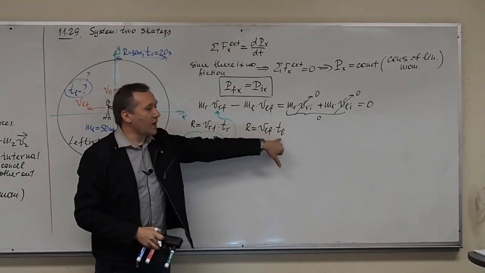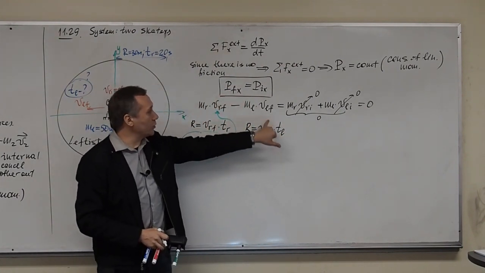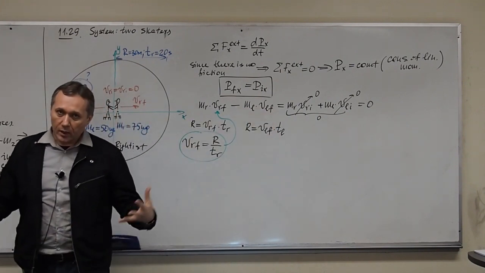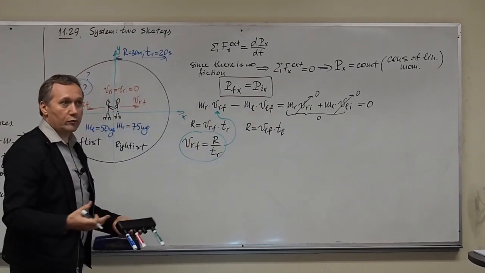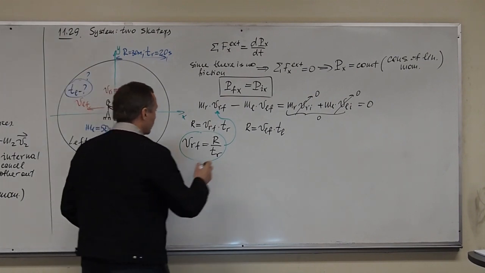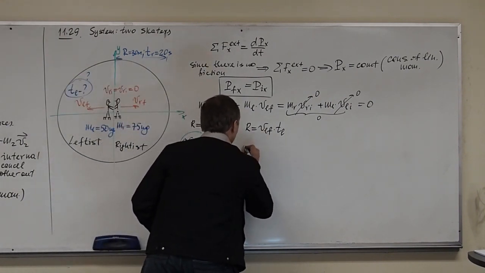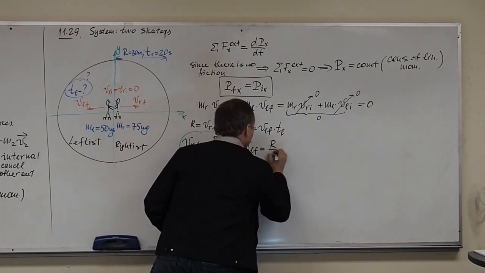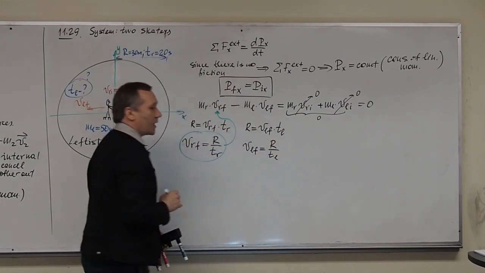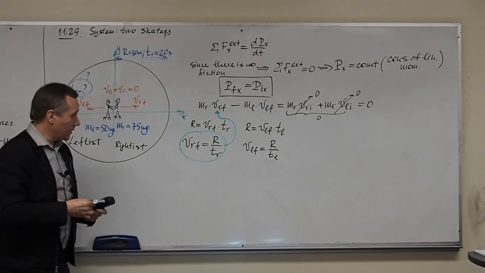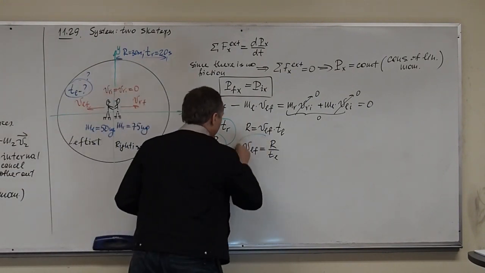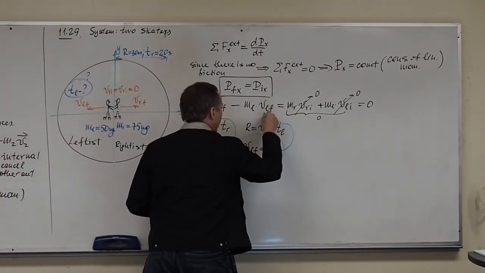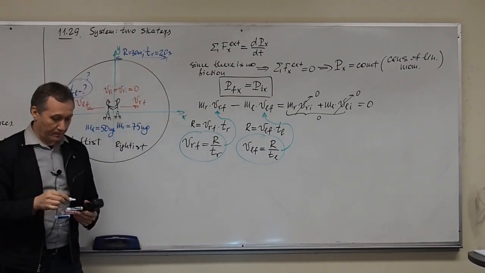Of course, the travel time is not given, but that's how we're going to introduce our unknown into our equation, which we need to find finally. So now I can also solve it for VL final. It will be R divided by the travel time of the leftist. And again, I will take this and plug it in our equation.